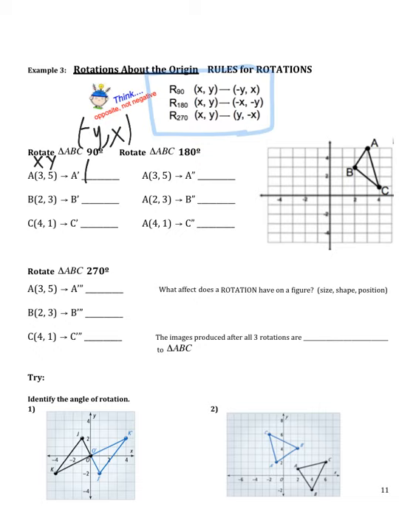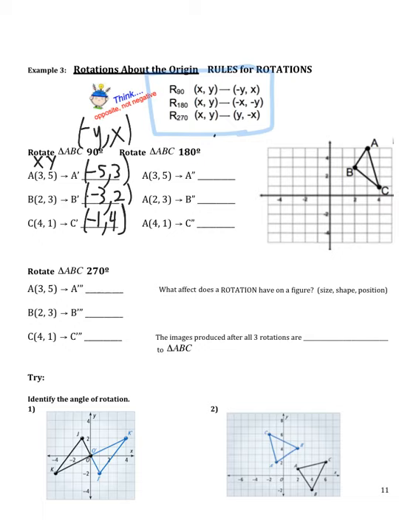Opposite of y would be -5, and x is 3. And B prime, opposite of y, so that's -3, and y is 2. For C prime, opposite of y, so -1, and x was 4, so that's where that goes.